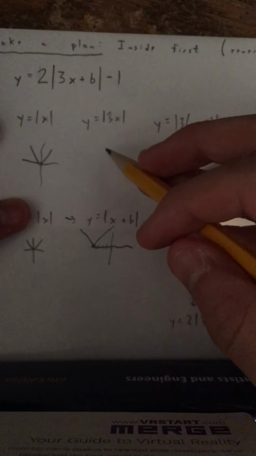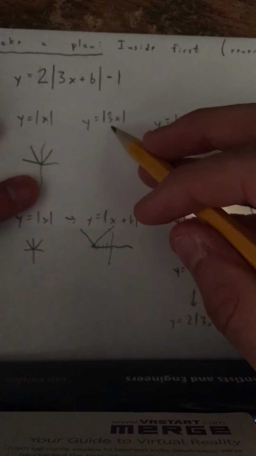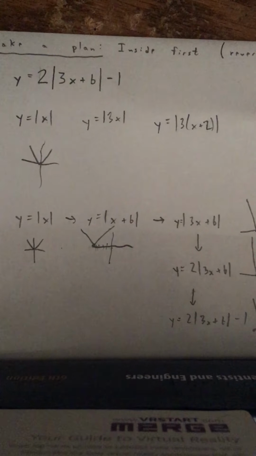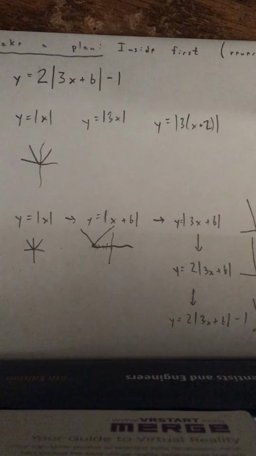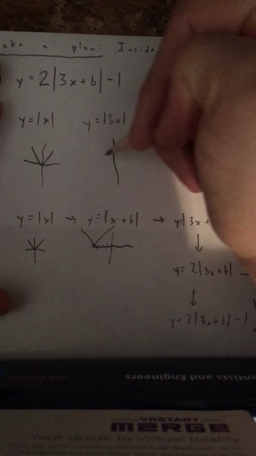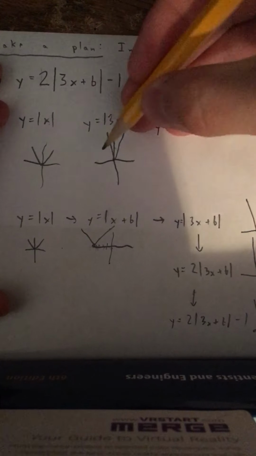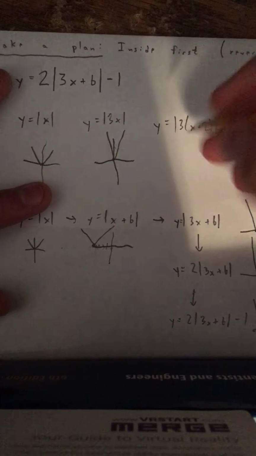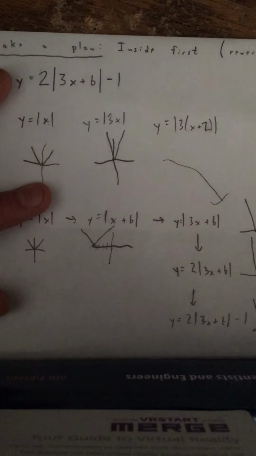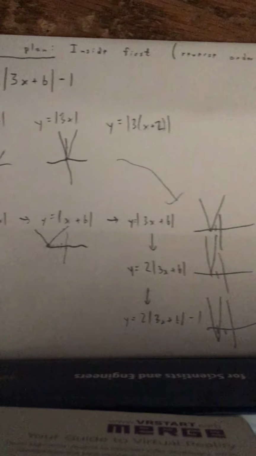This would stretch the horizontal distance away from the y-axis. I would shrink it down to 1/3 of what it was. Well, that's a little bit easier to do when you're right beside the y-axis, so you'd get this steeper graph. And then you would just shift it 2 to the left, and that would get you to that picture down there.